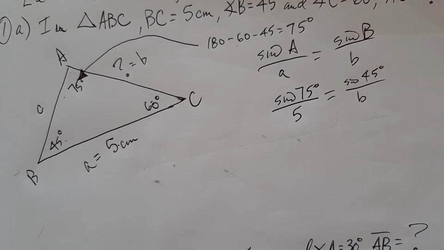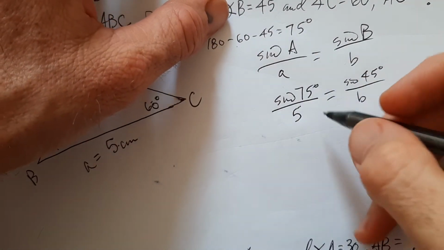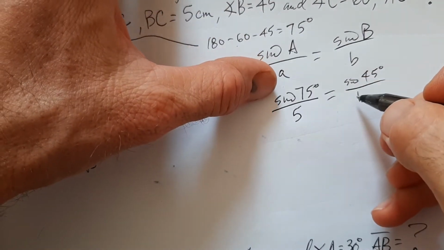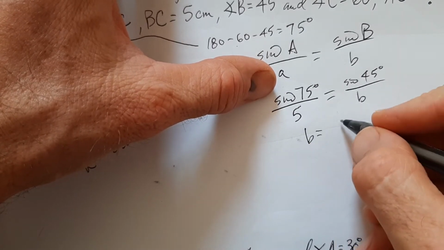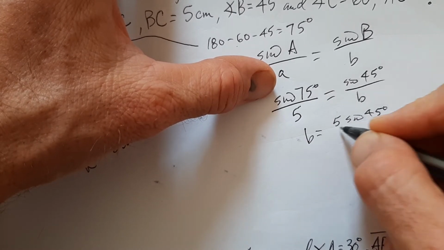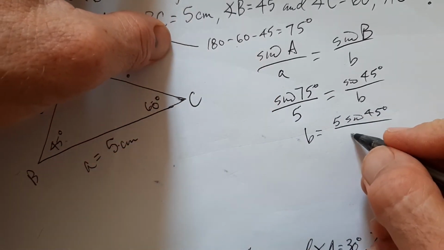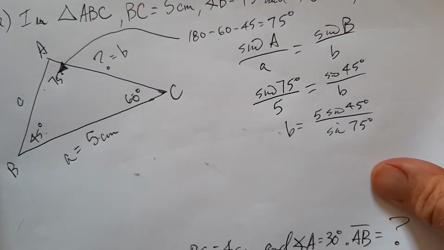Okay. So you can cross multiply if you want. And so I'd wind up with b equals 5 times sine of 45 degrees over sine of 75 degrees. All right, let's stick that in our calculator here.